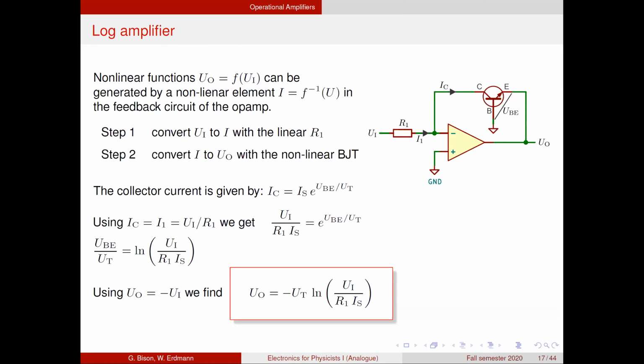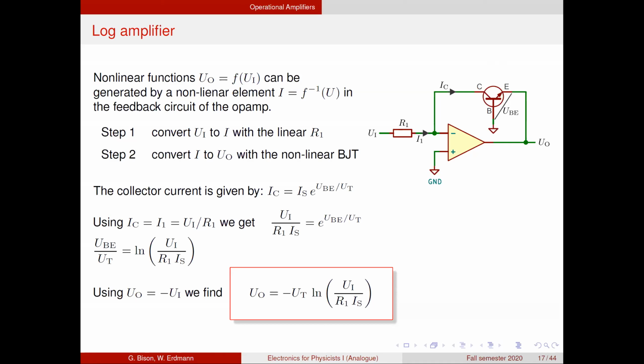The same thing we have already seen also with the non-inverting amplifier, where in the feedback branch we had a voltage divider, so it reduces the voltage, and then this is fed back to the input. And so what the amplifier has to do is amplify the voltage in order to get equal inputs. And here we have kind of the same, that the amplifier has to generate a logarithm in order to get this exponential dependence equal to the input.